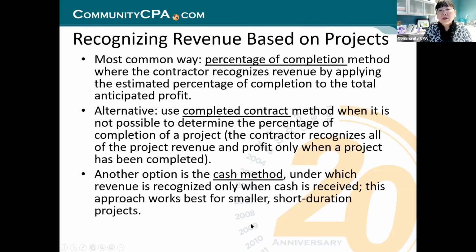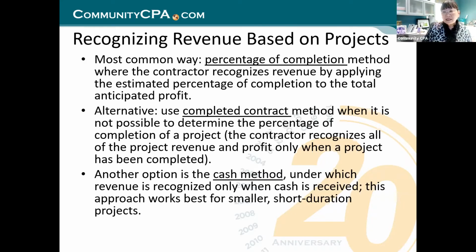And there are three other methods that you can use to count your income. One is percentage completion. The other one is the completed contract method. And then the option, of course, is the cash method. I don't recommend that, but go ahead with percentage completion. What does that mean?